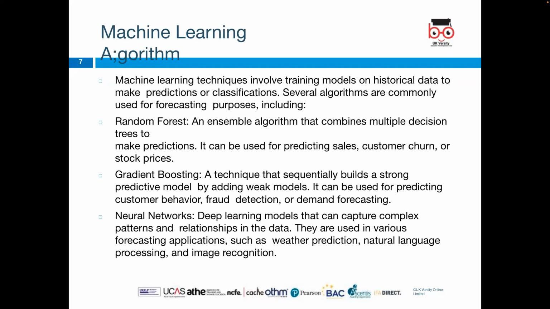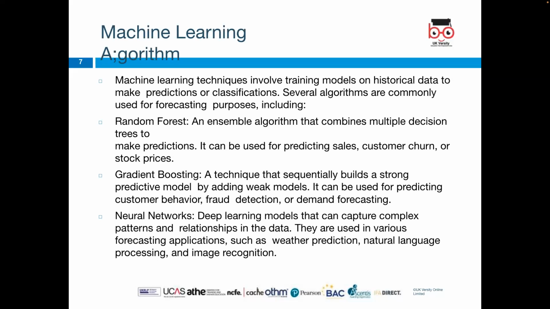Several algorithms are commonly used for forecasting purposes, including, one, random forest, an ensemble algorithm that combines multiple decision trees to make predictions. It can be used for predicting sales, customer churn, or stock prices.